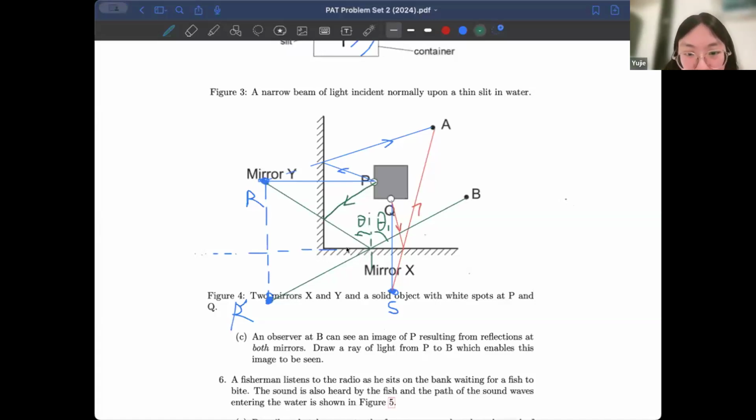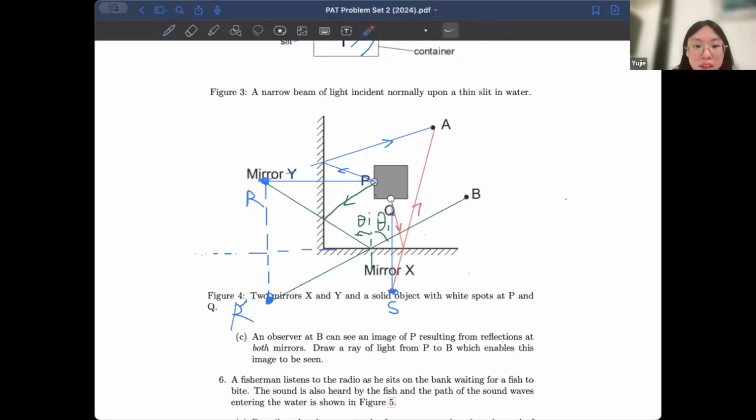So the final bit, just a final reminder when drawing this type of light ray graph. A thing that you should do is to make sure that you label the angle of incidence as equal to the angle of reflection.